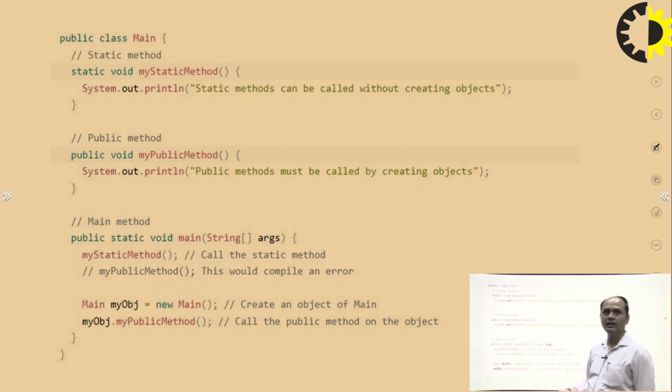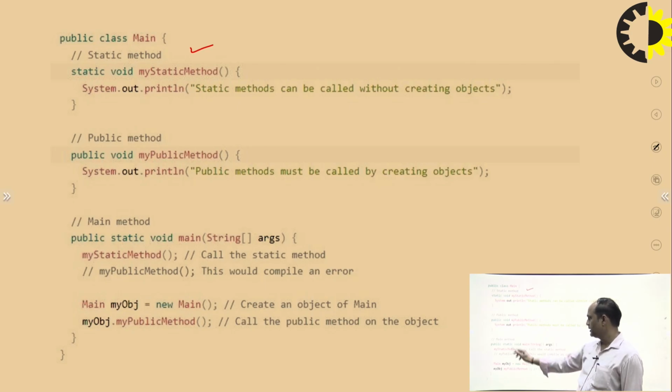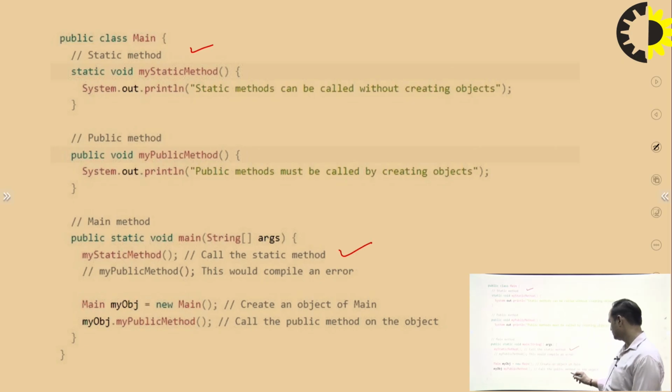Suppose this is the public static class. After that we define our static method and our public method, and in the main method we call the static method over here, and we call the public method over here.